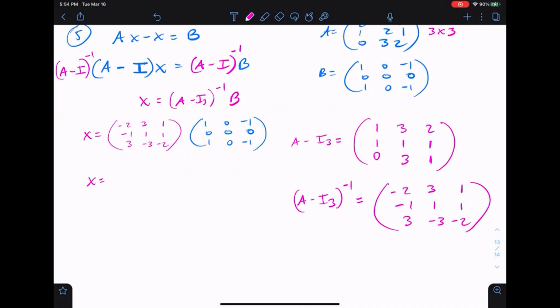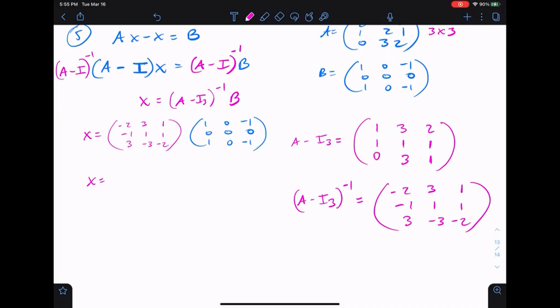I just need to multiply that by the second matrix. I'm going to try to do that, 3 by 3. I got 1, 0, negative 1, 0, 0, 0, and then 1, 0, negative 1. Let me double check if I typed the numbers right. That's good.